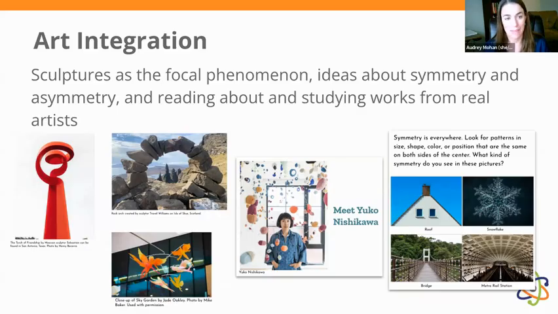I love that students can integrate their science with being super creative about art. They learn about real artists who do this, and they learn about symmetry and asymmetry in our world. It's a fantastic arts integration.